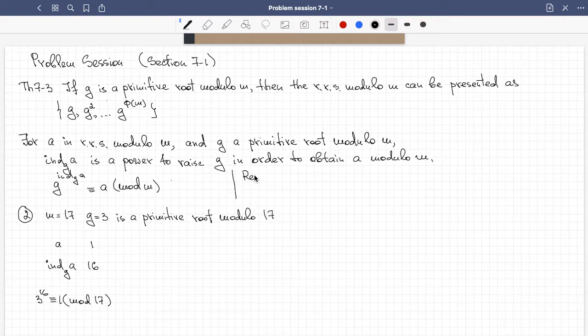Remark: index of a to the base g is defined modulo phi of m. So it is not defined in fact as a number, but as an element of a complete residue system modulo phi of m.